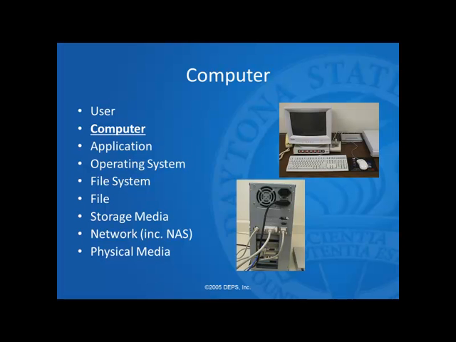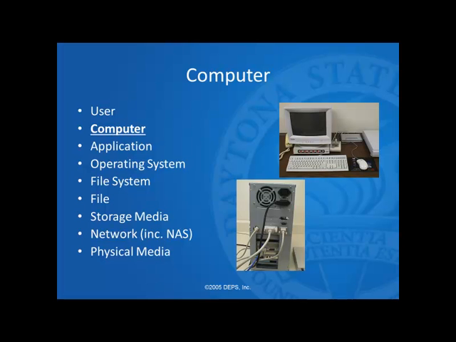People buy computers, whether it's a PC or a Unix box or a Macintosh, very often because it looks cool. But the reality of it is, if it doesn't have the applications and the operating system that they can use, it's useless.